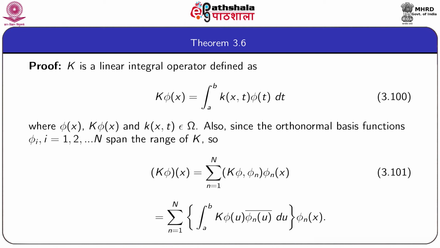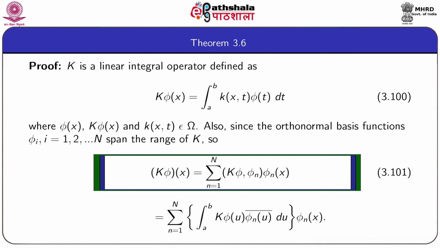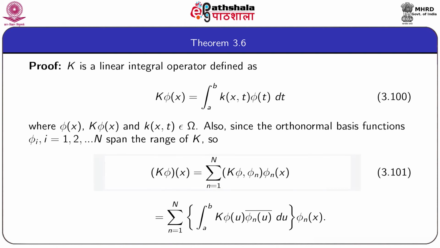Also, since the orthonormal basis functions phi i, i equal to 1 to N, span the range of K, we can expand the square integrable function K phi(x) as the summation n equal to 1 to N of the inner product of K phi with phi n into phi n(x), as given by equation 3.101.